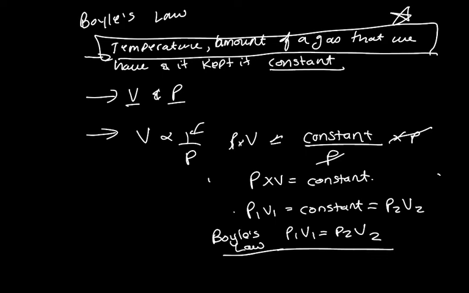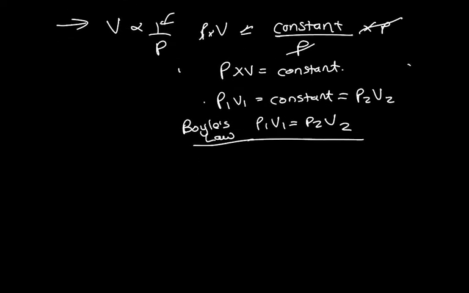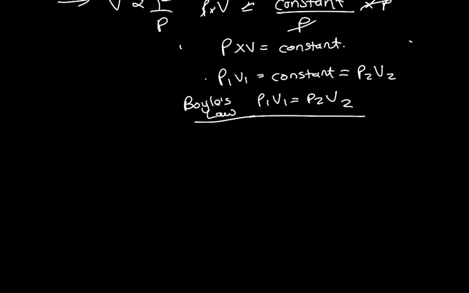So, let us see how we can apply this law. We have to calculate the pressure of a gas that was initially at 765 millimeters of mercury and 1.78 liters, and then we compress it to 1.25 liters of volume. So what is the new pressure? So let us identify our variables. P1 was initially 765 millimeters of mercury, and I recognize millimeters of mercury as a unit of pressure.